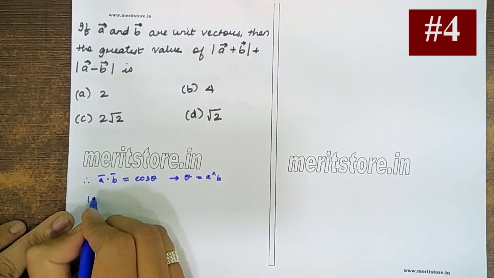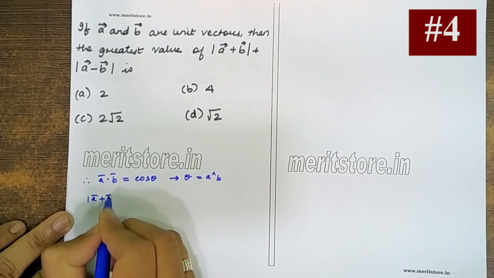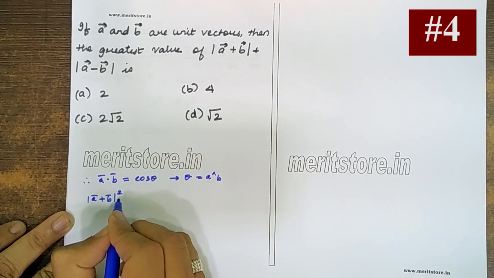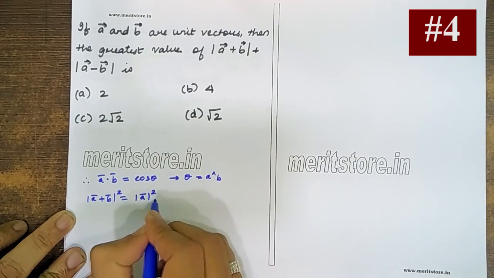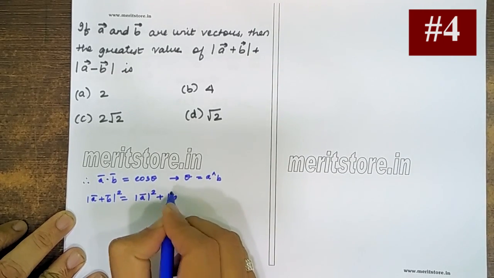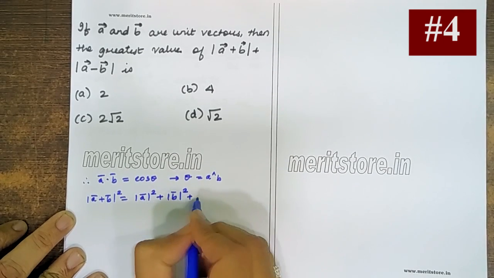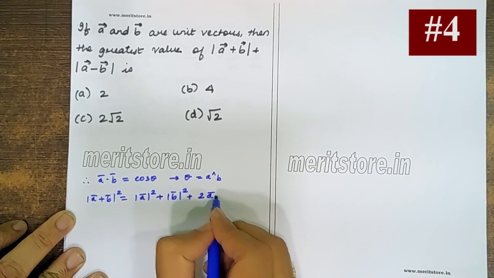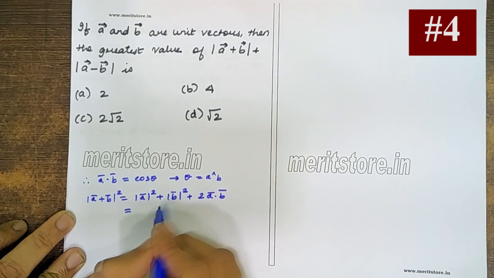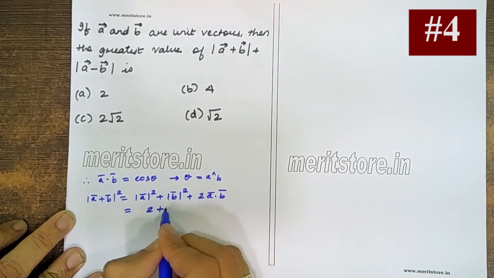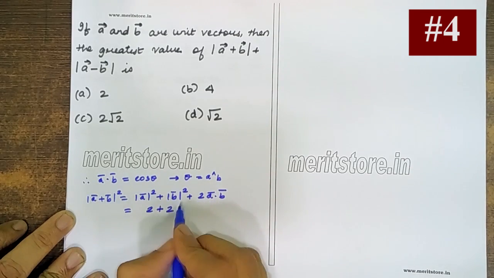Now we'll consider this term, magnitude of A bar plus B bar the whole square is equal to magnitude of A bar square plus magnitude of B bar square plus 2 times A bar dot B bar. Now as magnitude is 1, so this will become 1 plus 1 plus 2 times, and A bar dot B bar is cos theta.